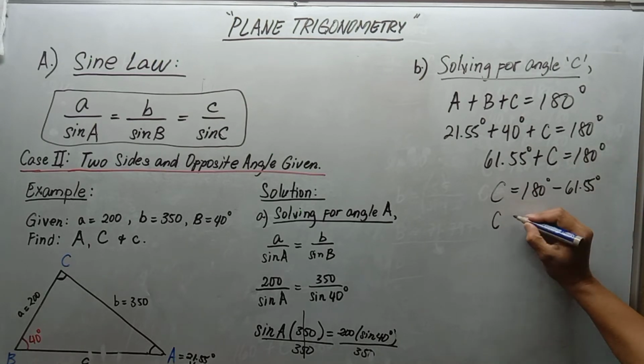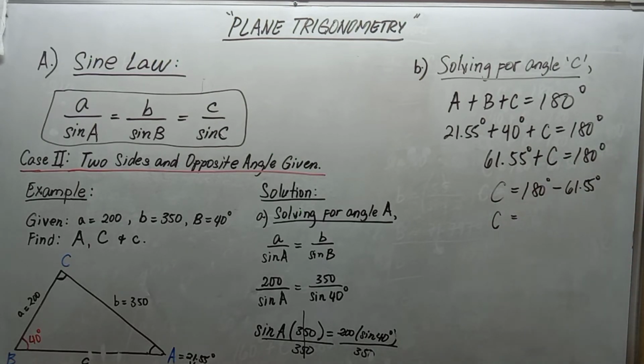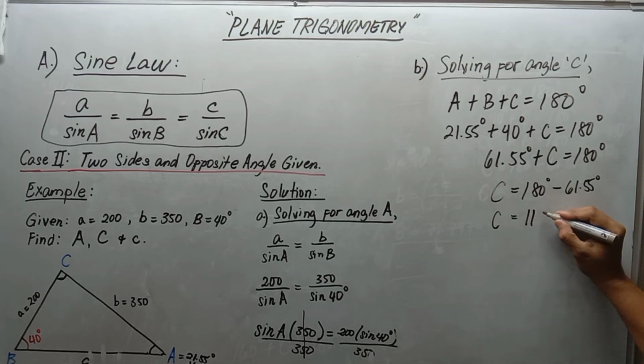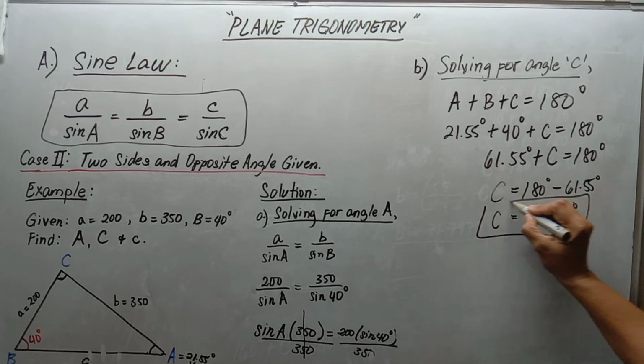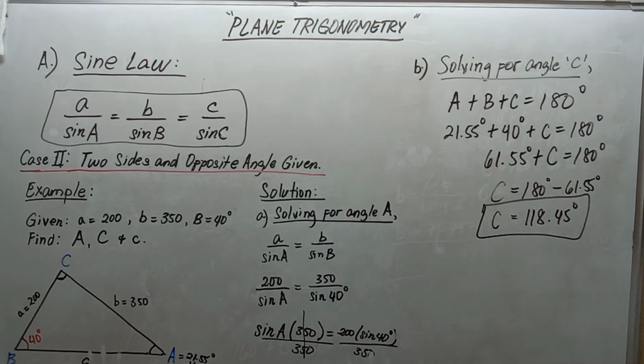Therefore, 180 minus 61.55, so there are 118.45 degrees. Okay, so this is the answer for angle C. This is the second requirement.